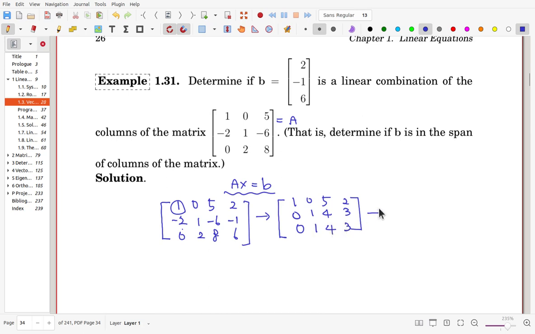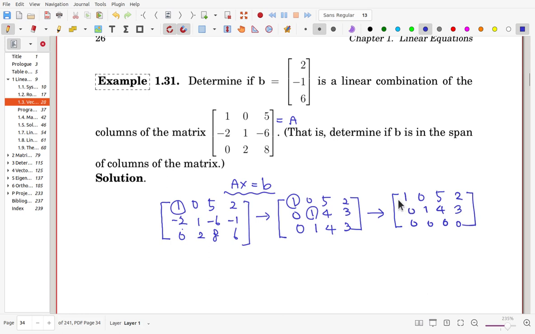Now that is a pivot, and this becomes another pivot, and below the pivot we have to eliminate. The rows are the same, so simple subtraction makes this row 0. So we have 1, 0, 5, 2; 0, 1, 4, 3; and 0, 0, 0, 0.